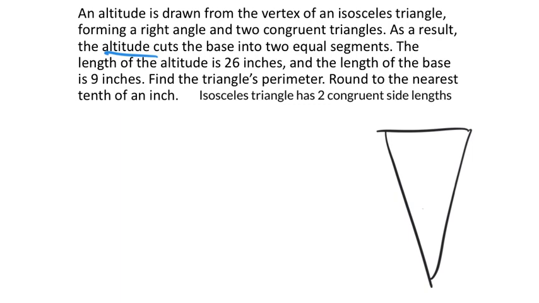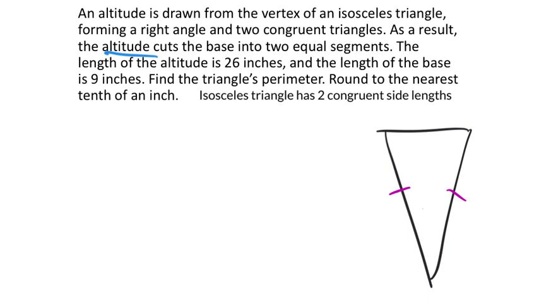Well, it'd be hard to tell because my drawing is bad. But if I put markings on this, then I force this to become an isosceles triangle no matter how bad my drawing is. So I've got these two side lengths that are exactly the same, and I know they're the same because my markings are the same for these. Do you have to put markings on these? No, as long as you understand what an isosceles triangle is.